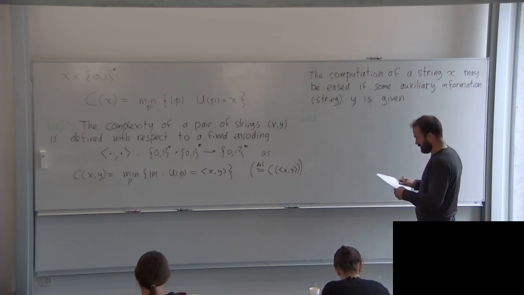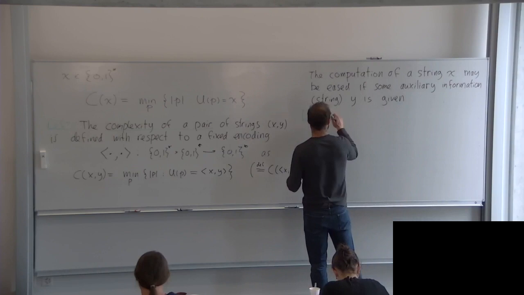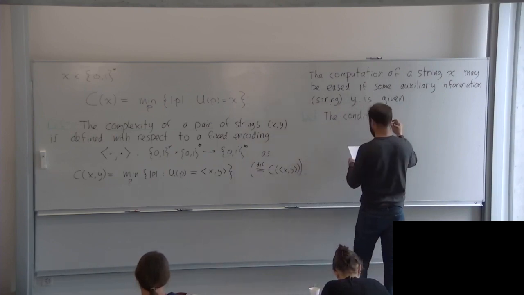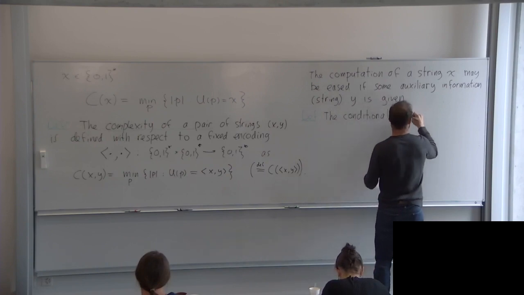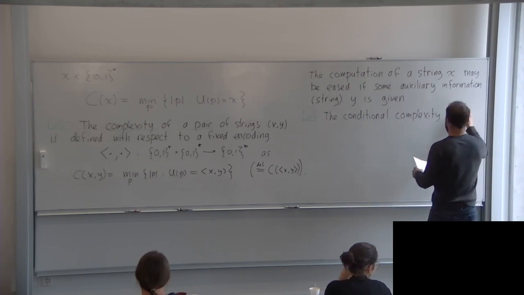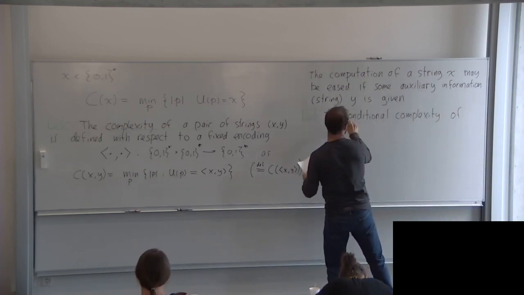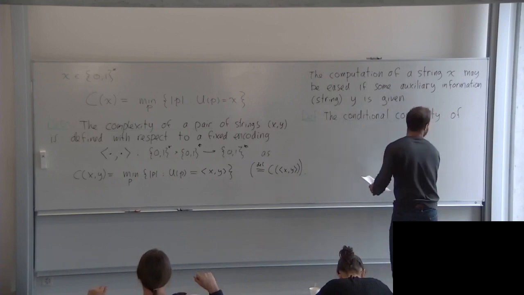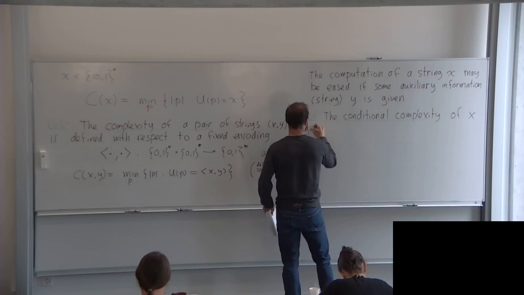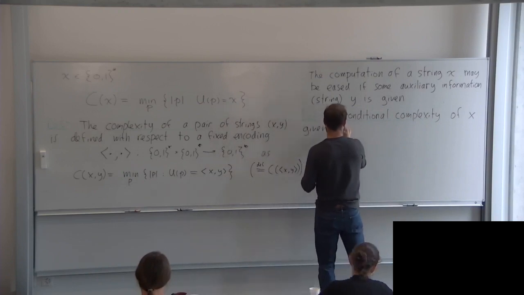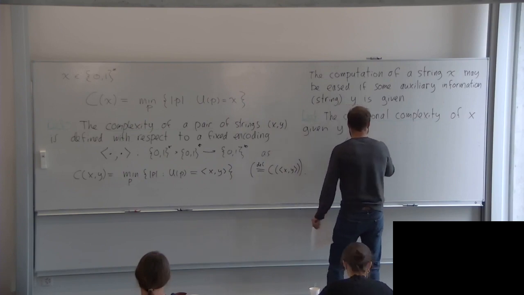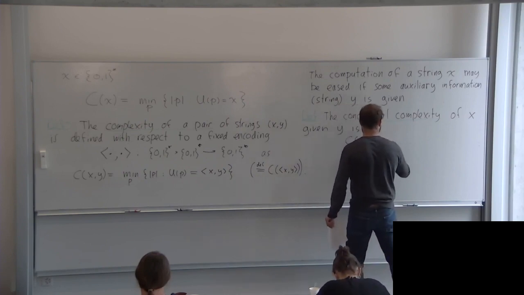This is how I will encompass the notion of auxiliary information for algorithmic complexity. So the conditional complexity of the string x, or just of x given y, is C of x given y.